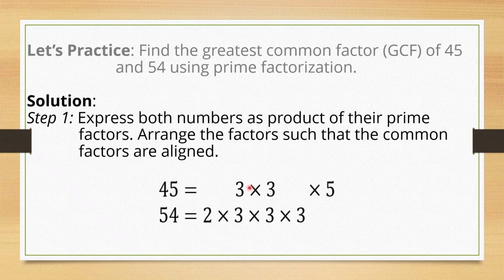By looking at the factors listed right here, you get to see the common numbers. 3, another 3 right here. No 5 because there's only one right here. It's only a factor of 45, not 54.